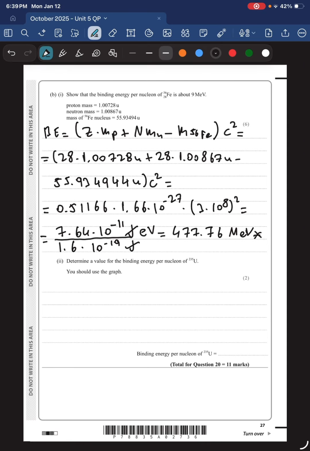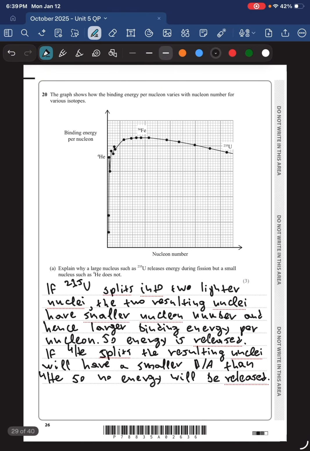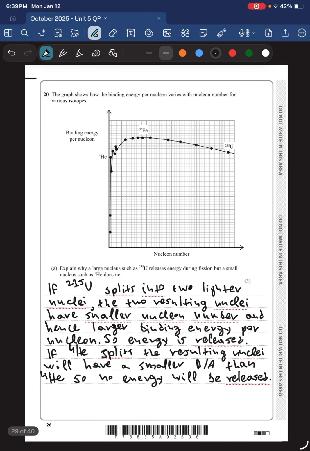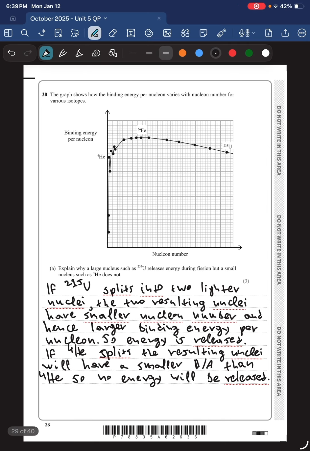Part 2. Determine a value for the binding energy per nucleon of uranium-235. You should use the graph. I did use the graph, and I assumed that one of the squares corresponds to 1 MeV. That's 1, 2, 3, 4, 5, 6, 7, 8, and that's 9. You can see that the iron 56 is somewhere there, which is the 8.5 that we found.